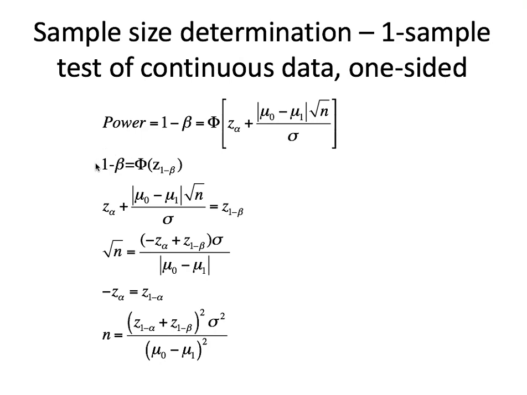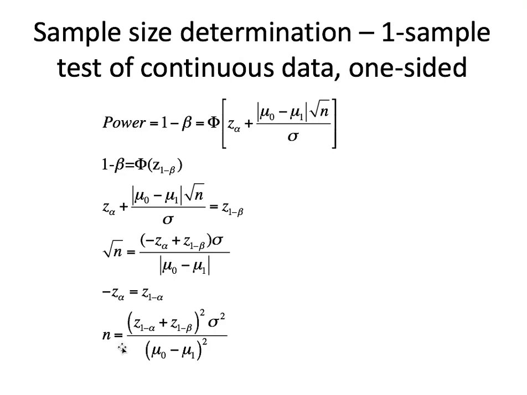And then we're just using some properties that we've used many times before, okay? So instead of the power here, we're just rewriting this: 1 minus beta is equal to phi z1 minus beta. Okay, and then we just look at all these things going through here.